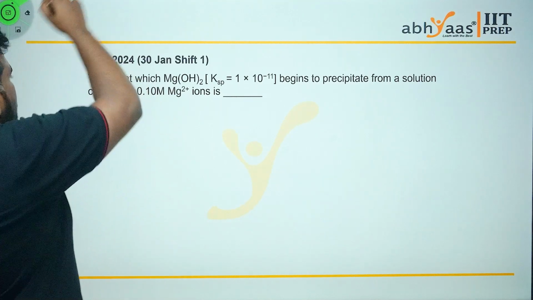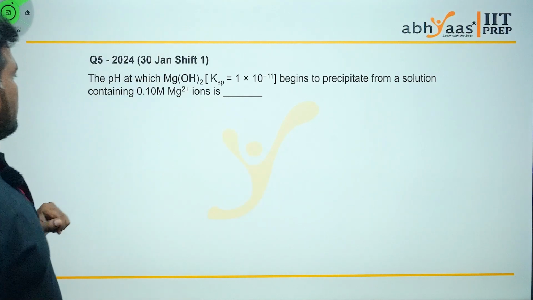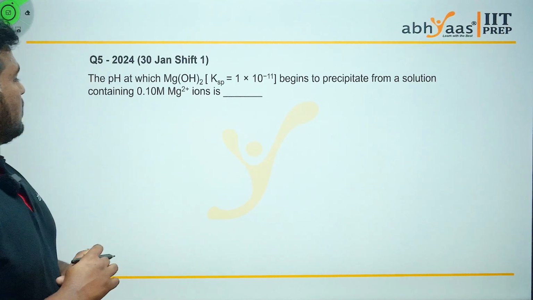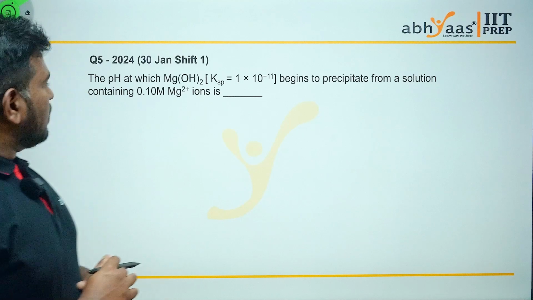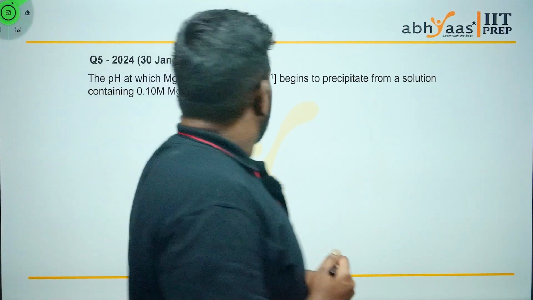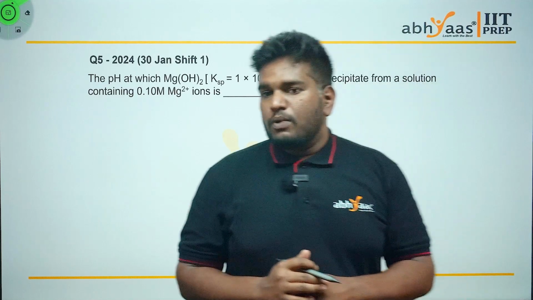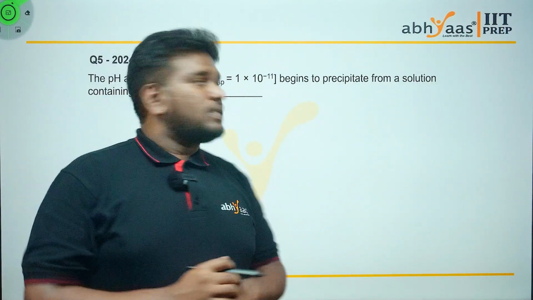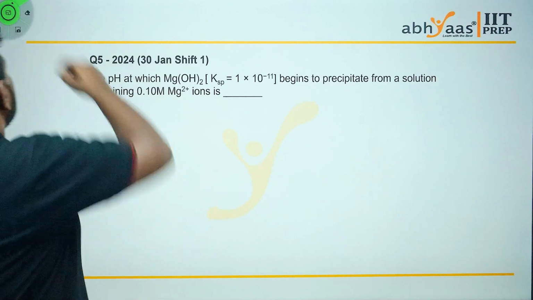Here you have a problem. The pH at which magnesium hydroxide begins to precipitate from a solution containing 0.1 molar Mg2 plus ions is. So here we have to find out the pH at which magnesium hydroxide will start to precipitate.